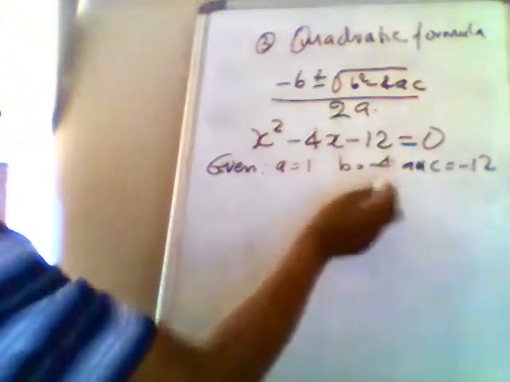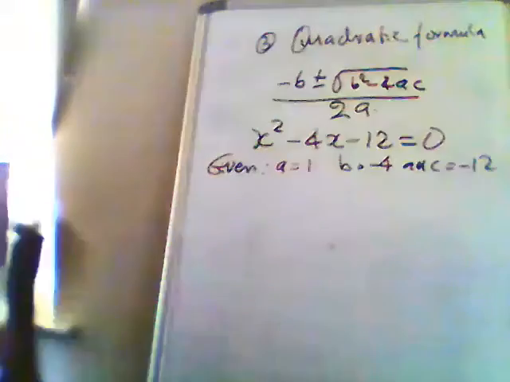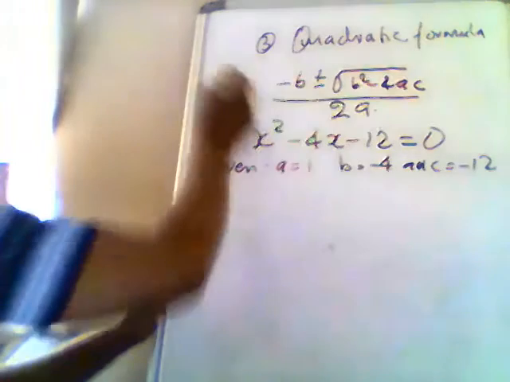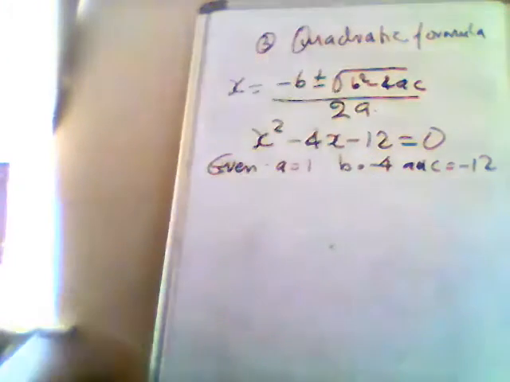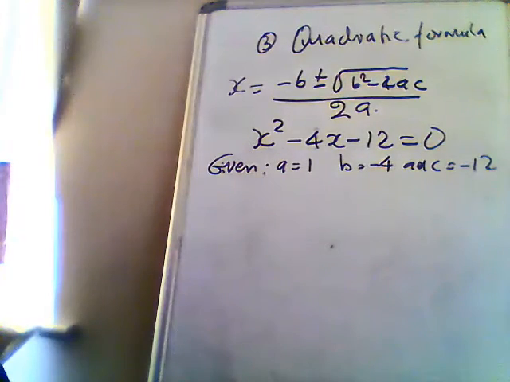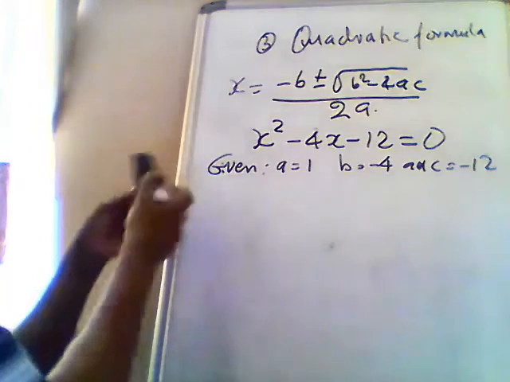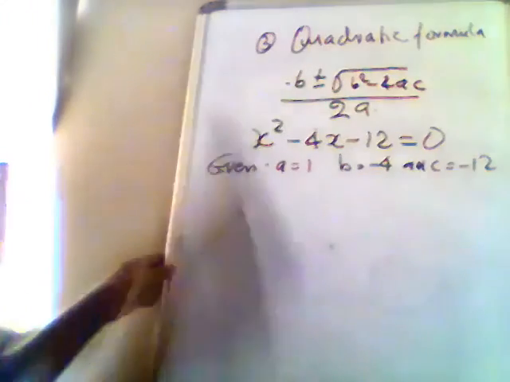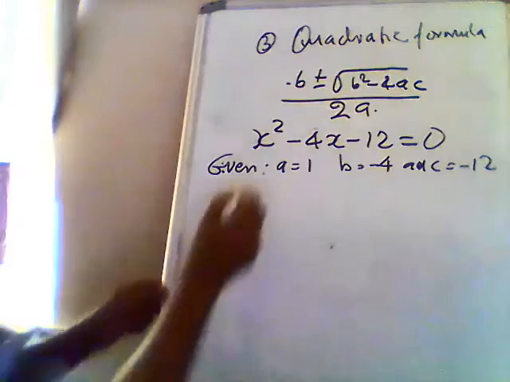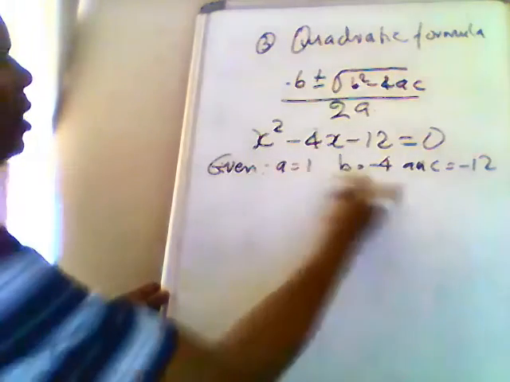So all we need to do is substitute these into this formula. What you are trying to find here is the value of x. So x is equal to minus b plus or minus the square root of b squared minus 4ac, over 2a. This might confuse you, so let's leave it like that. Let's substitute these values.